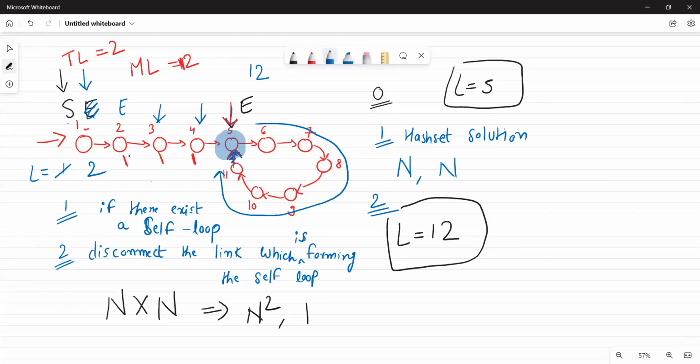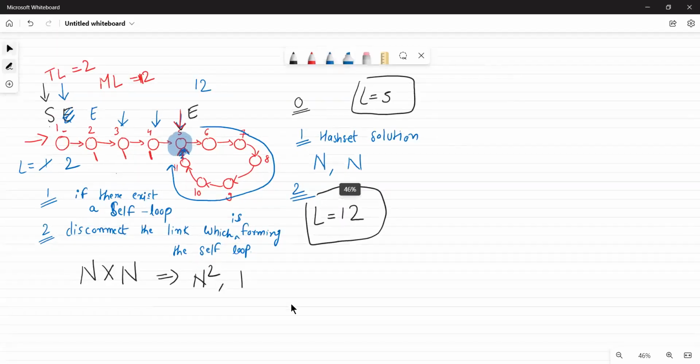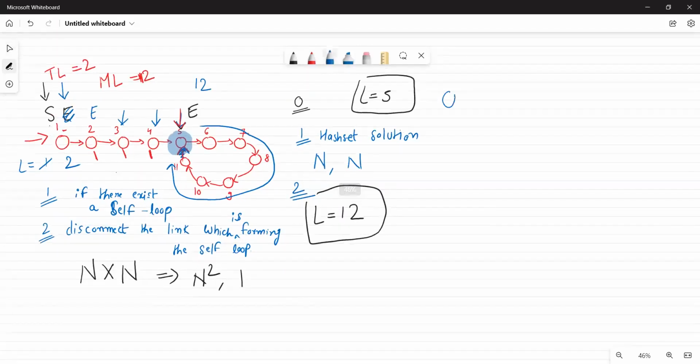Temporary, I'm not clear. See, you are at 1, this is 2, this is 3, 4, 5, and 6. Imagine this is your linked list.